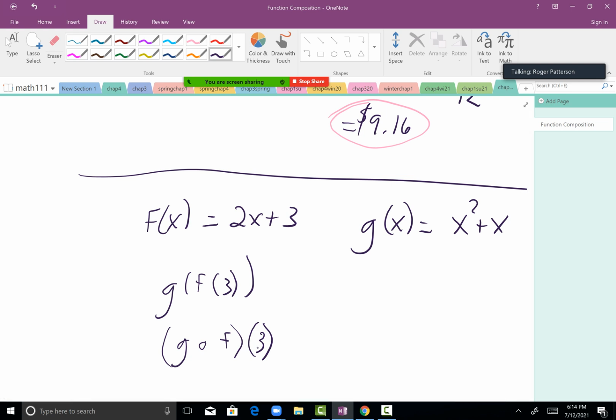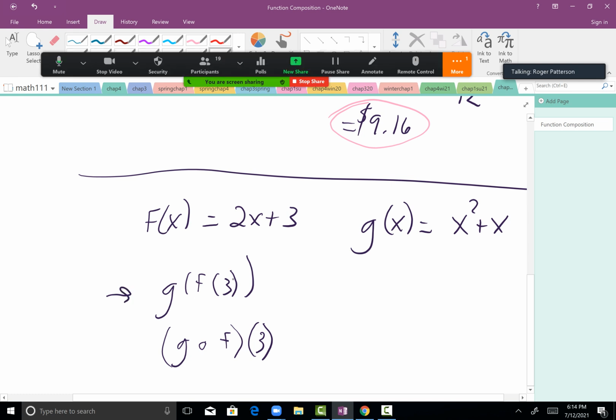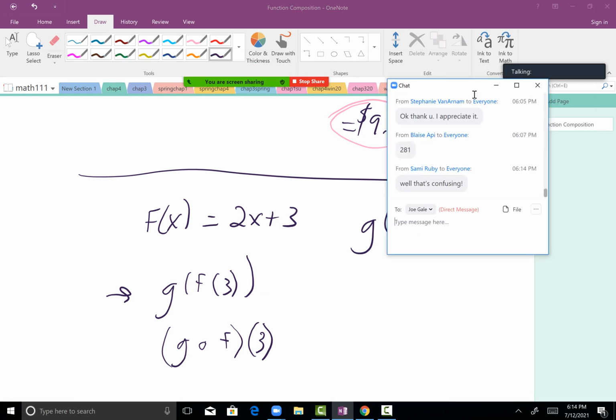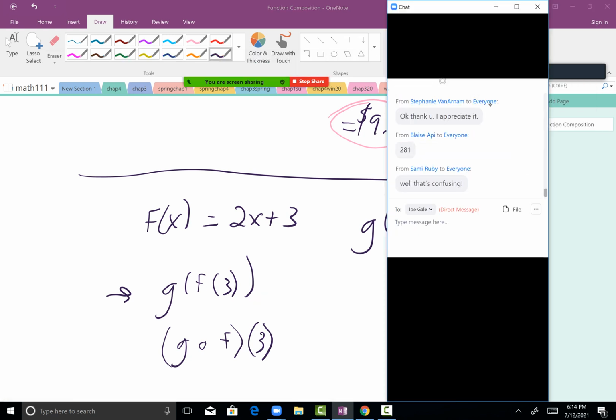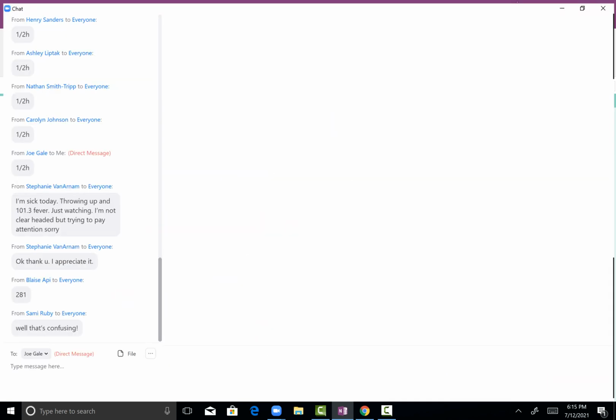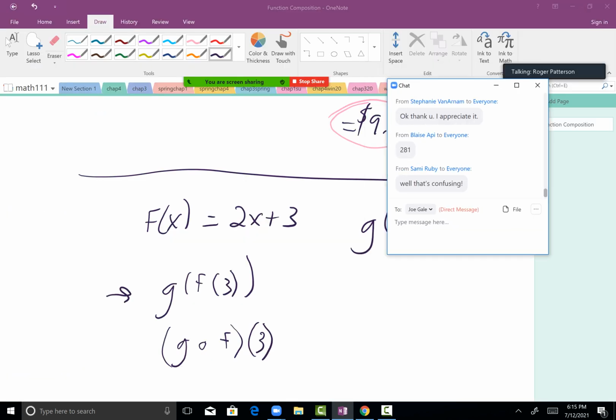I like this one because the f of 3 is on the inside. So that's telling me that I'm going to do the f function first, because normally we always work from the inside out, right?